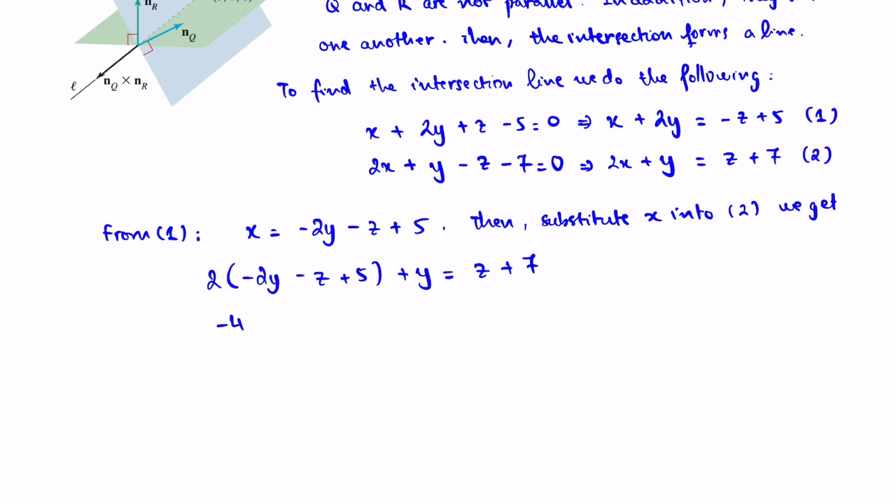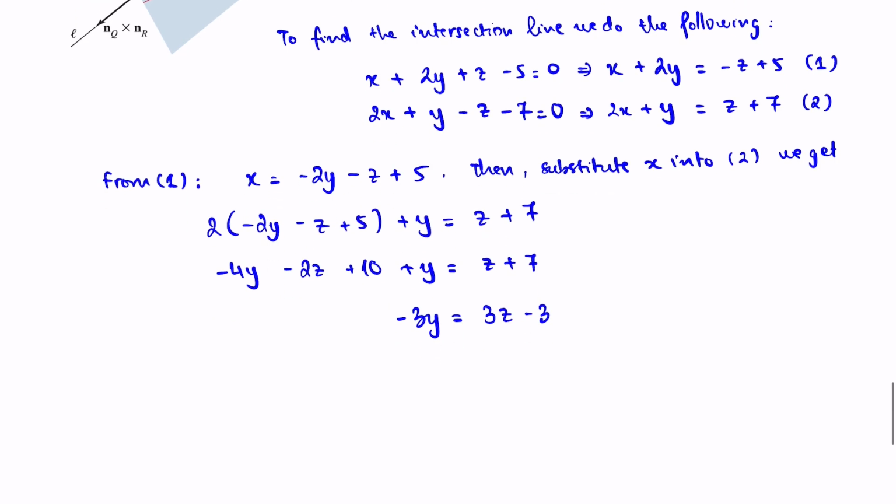You get -4y - 2z + 10 + y = z + 7. Now our job is to solve for y in terms of z. So you get -3y = 3z - 3, and you divide both sides by -3, and you get y = -z + 1.